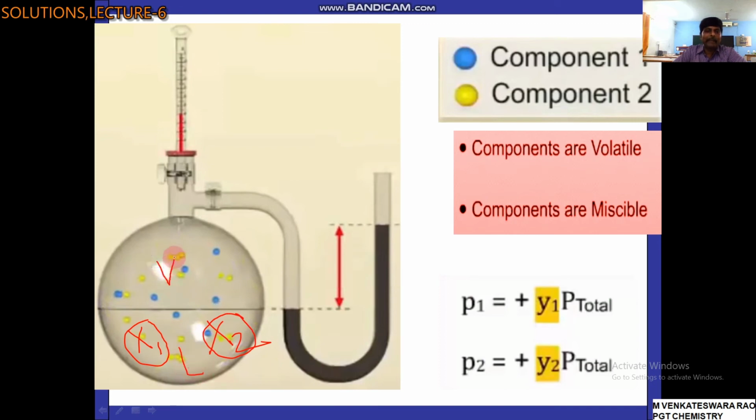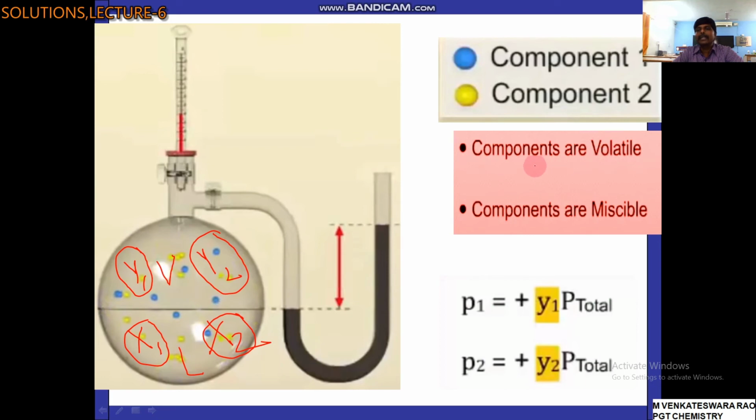If it is in the vapor phase, the mole fraction for component 1 is Y1, and for component 2 the mole fraction in the vapor phase is Y2. Here Y1 is the mole fraction of component 1, X1 is also the mole fraction of component 1, but there is a difference between the liquid phase and the vapor phase.